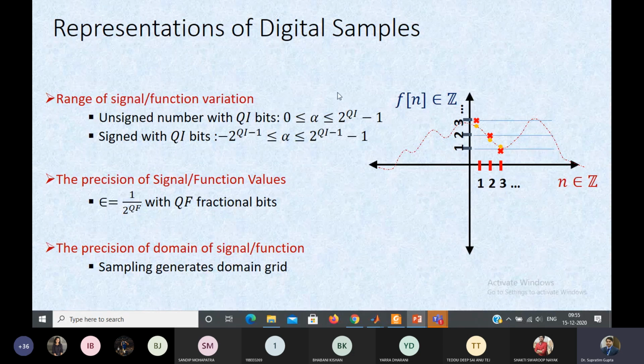So we concentrate on the range of the signal or the function. Say our signal is varying from 0 to 5 volt, or minus 2.5 to 2.5. In that case, to represent the 5 volt, we need at least 3 bits, so 3 bits should be provided to the integer field.